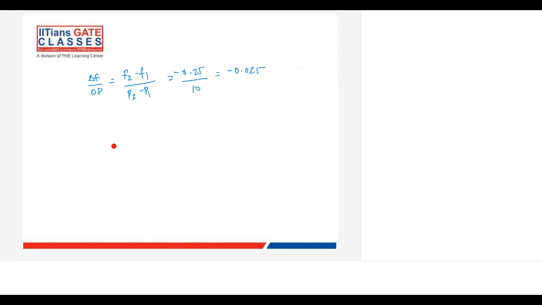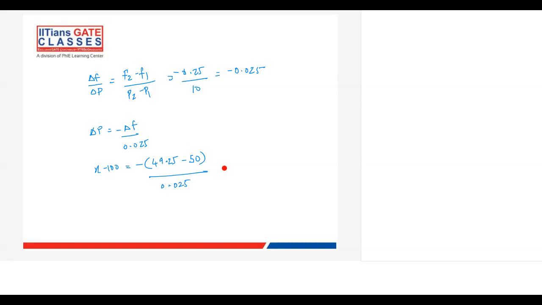What is delta P? Delta P would be delta F divided by the slope, so X minus 100 would be minus of 49.25 minus 50, divided by 0.025.